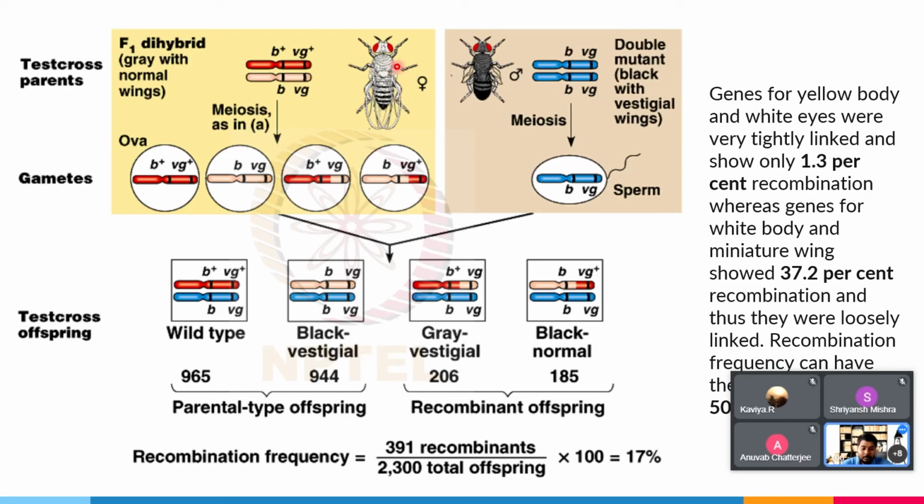So, in case of an F1 dihybrid in Drosophila, obviously we name it in this way, that the dominant form of a particular allele is given as a plus, and the recessive is not given anything. So, in this particular fly, we have a black and vestigial winged fly, which has dominant alleles on the same chromosome and recessive on the other.